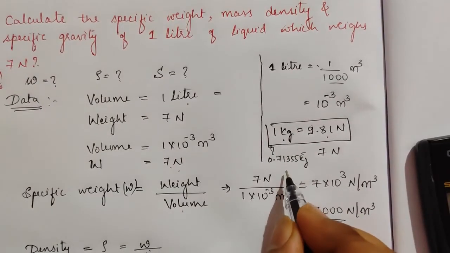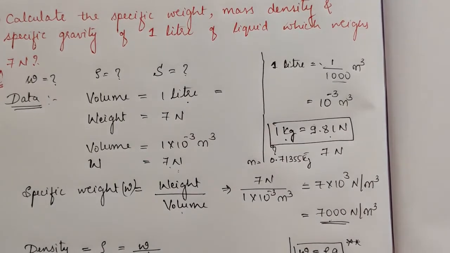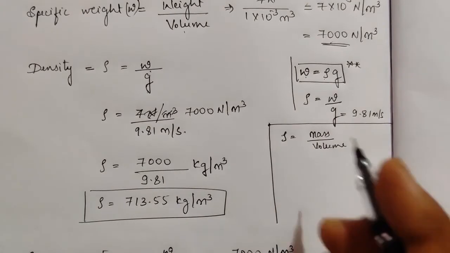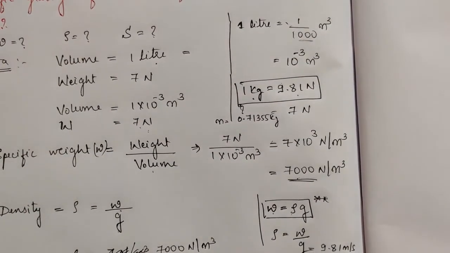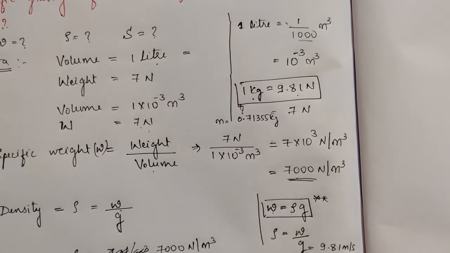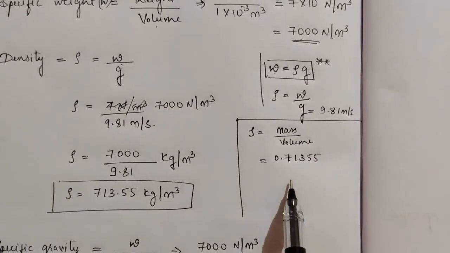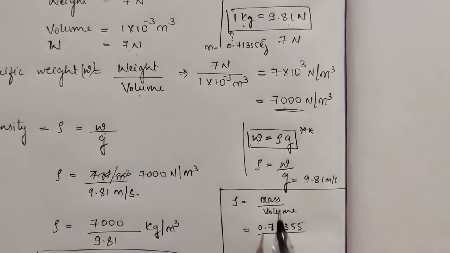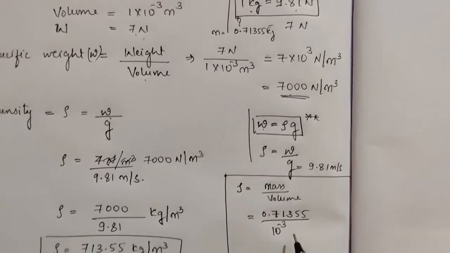Now I'll take the mass. Mass is dependent on gravity, so some gravity factor comes into the picture. Mass is 0.71355, divided by the volume, which is 10 power minus 3, correct?